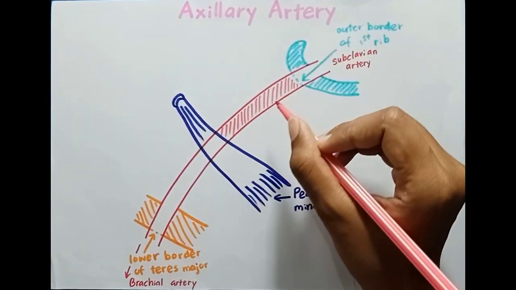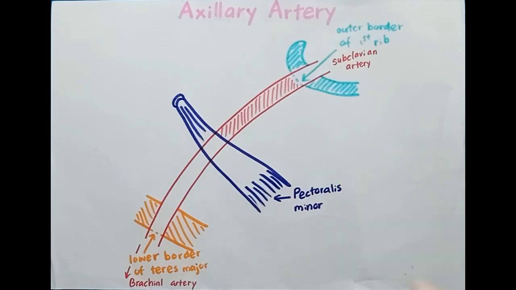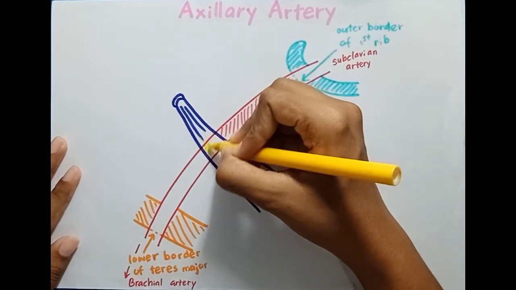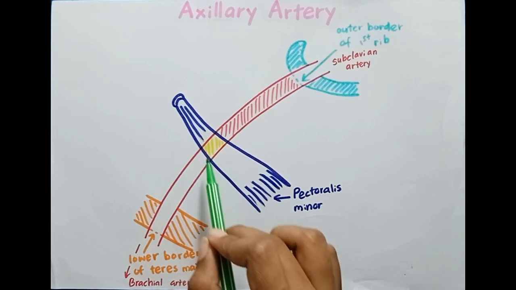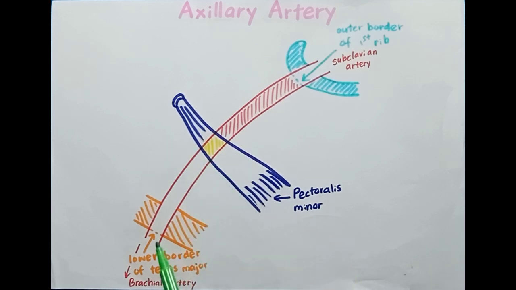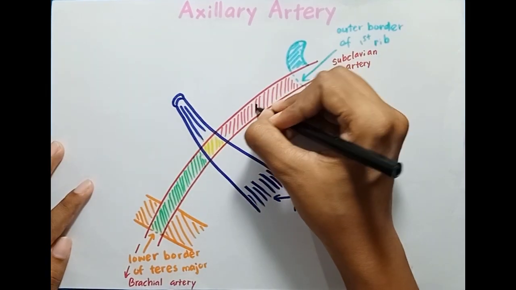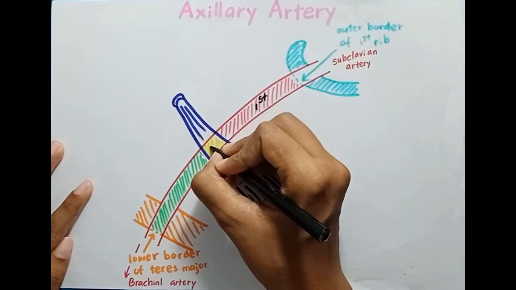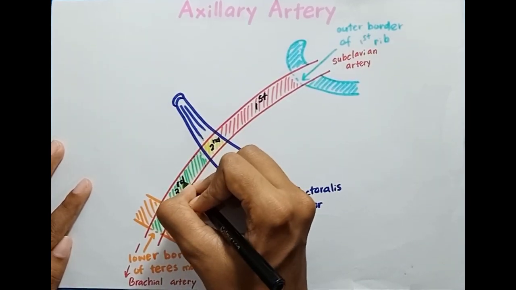The second part is behind the pectoralis minor. The third part is from the lower border of the pectoralis minor to the lower border of the teres major.